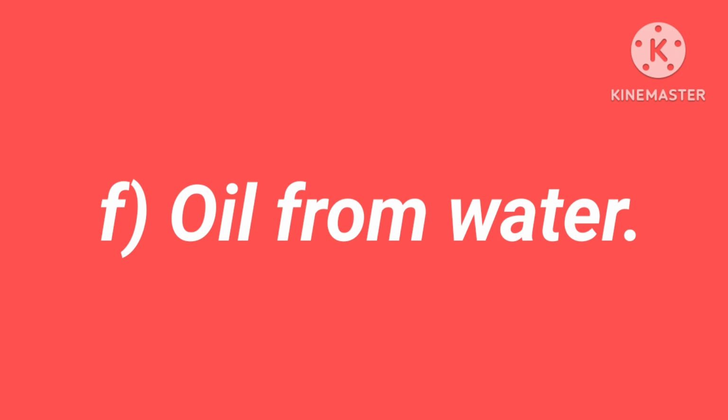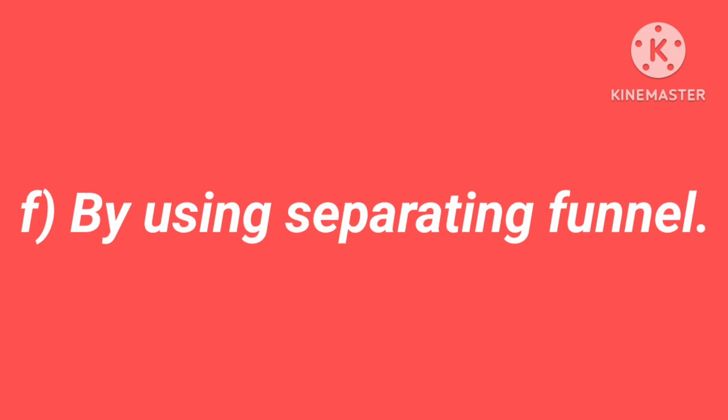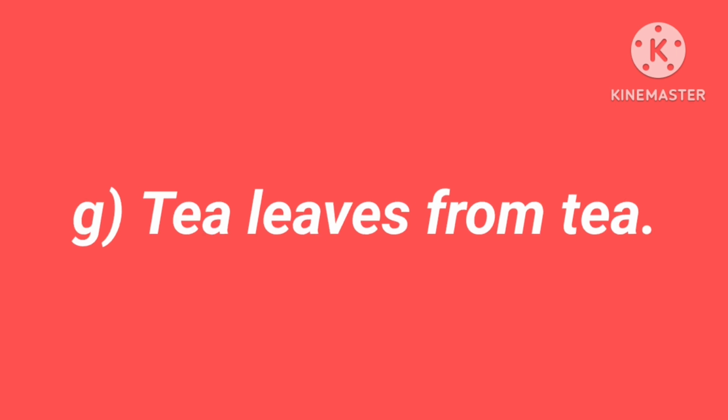Again, this can be separated by the method of a separating funnel. You could have seen a funnel in your kitchen or for some other purpose. But a separating funnel is something different. Like a funnel, we add both the liquids and separate them.